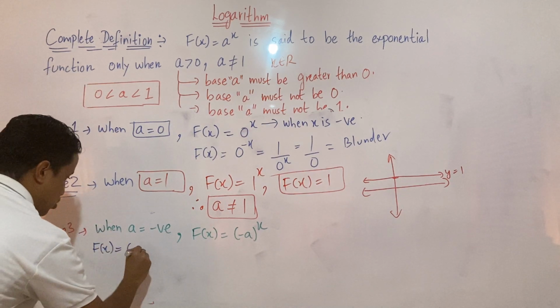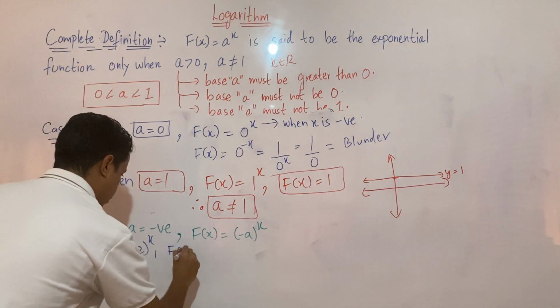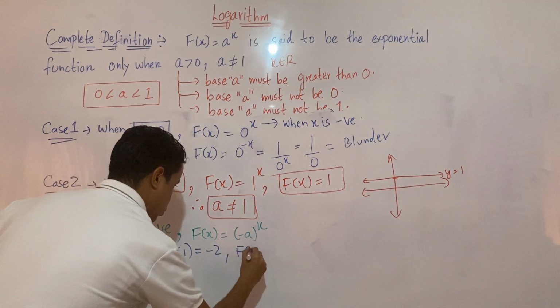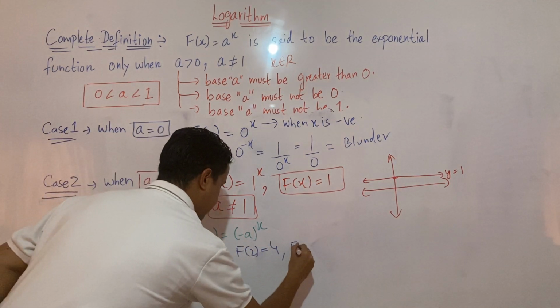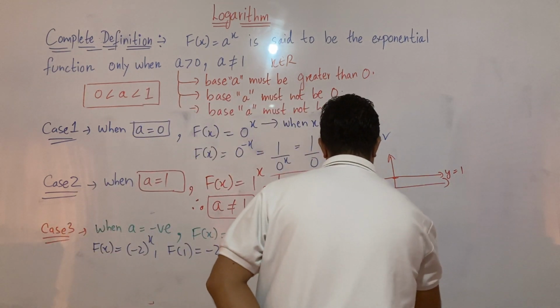If f(x) is (-2) raised to the exponent x, then f(1) would be -2, f(2) would be 4, f(3) would be -8, f(4) would be 16.